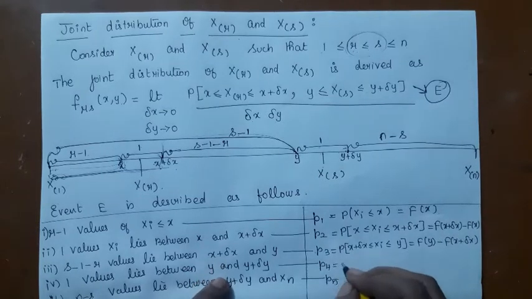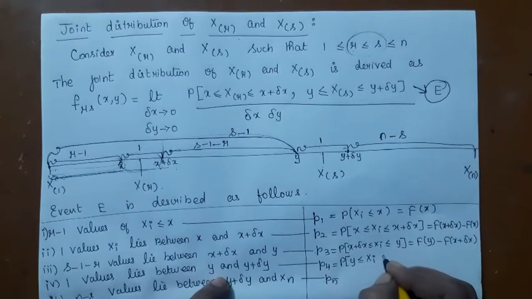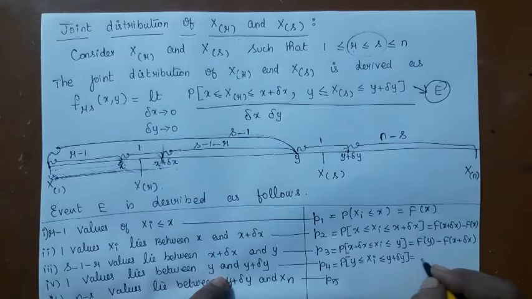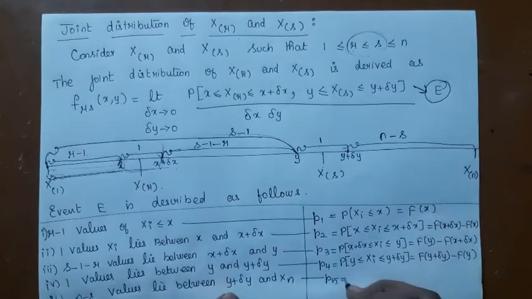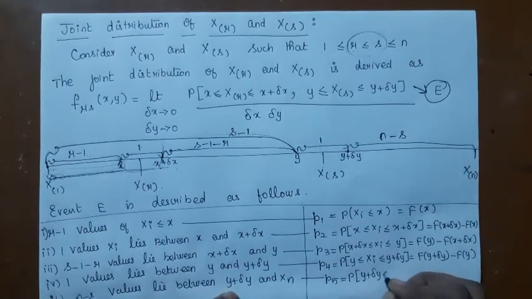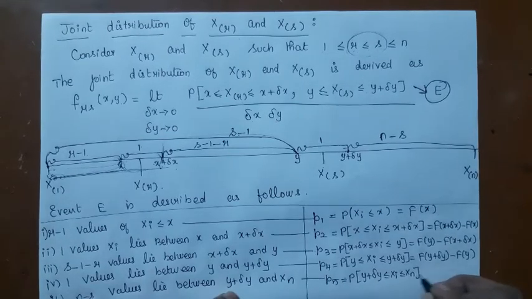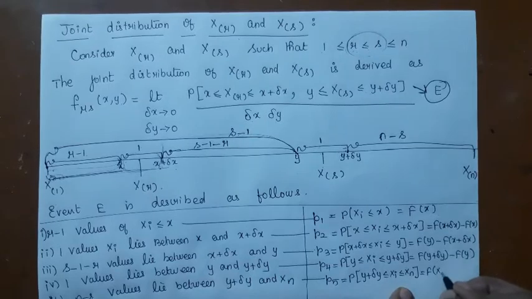And the probability that y is less than or equal to Xi, less than or equal to y plus delta y, can be written as F of y plus delta y minus F of y. And the probability that y plus delta y is less than or equal to Xi, less than or equal to Xn, can be written as F of Xn minus F of y plus delta y.